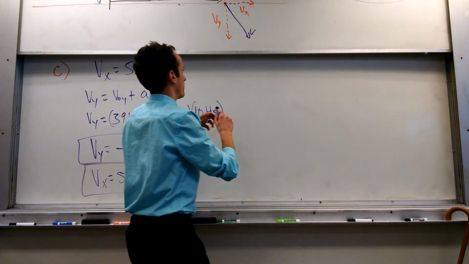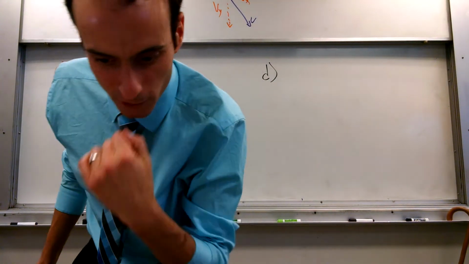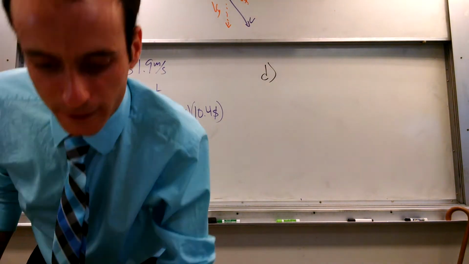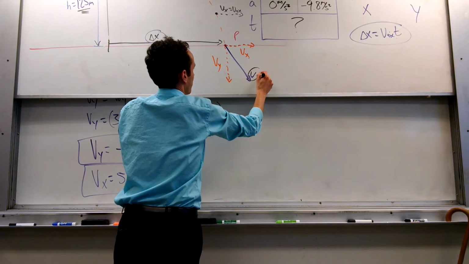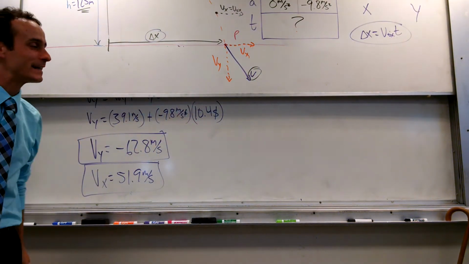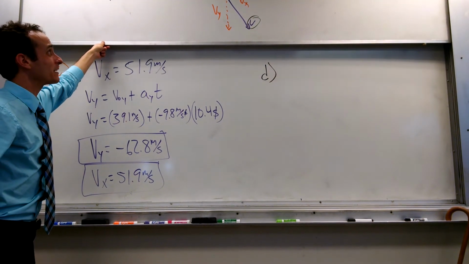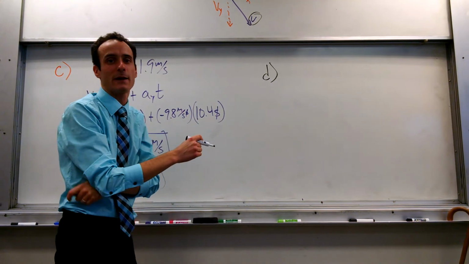Finally, we get to part D. Part D says for me to calculate the magnitude of this final velocity. I want to find its magnitude. Like we saw on Thursday and Friday, to calculate the magnitude of any vector, if I know its components, I'm just going to use the Pythagorean theorem.